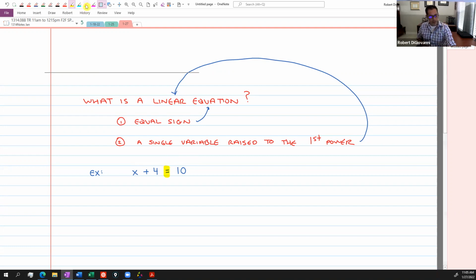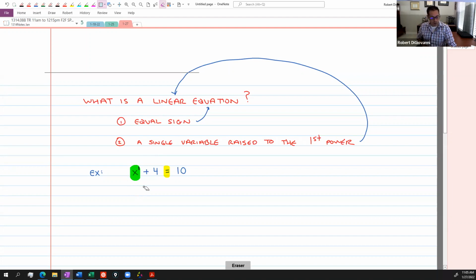The part that makes it linear is that we have an x and that x is raised to the first power. So there is a number up as an exponent, a 1. Now, if we saw a 2 up there, it would not be linear. If we saw a 3 up there, it would not be linear. Here, there's a 1 up there. Anytime you see the variable without any power written up there, it's understood that it's a 1.